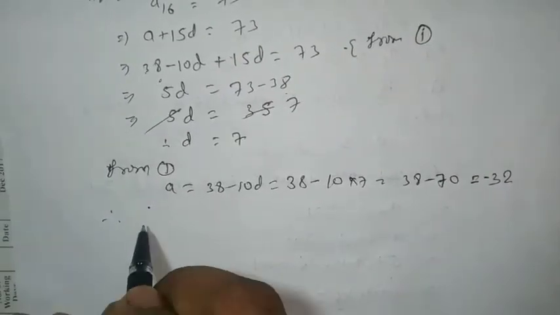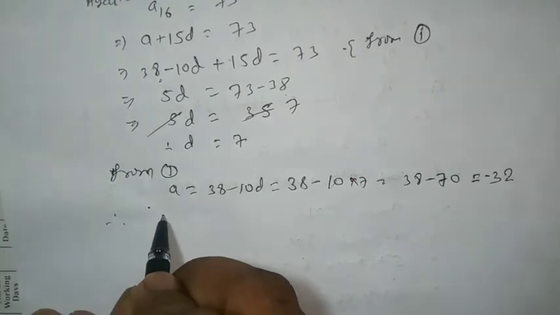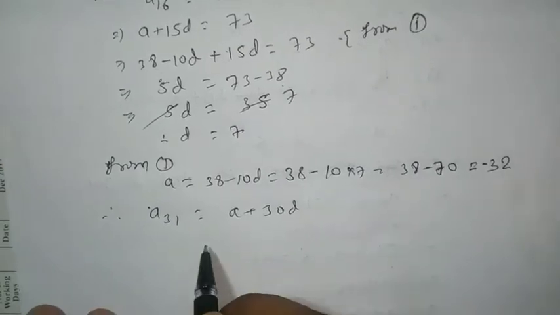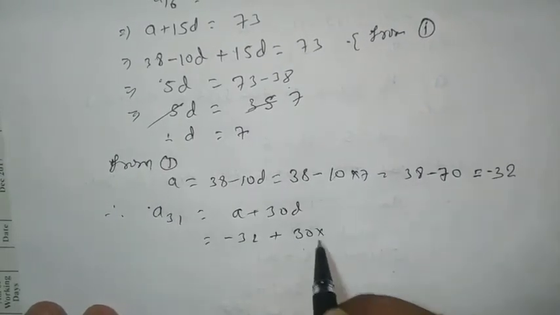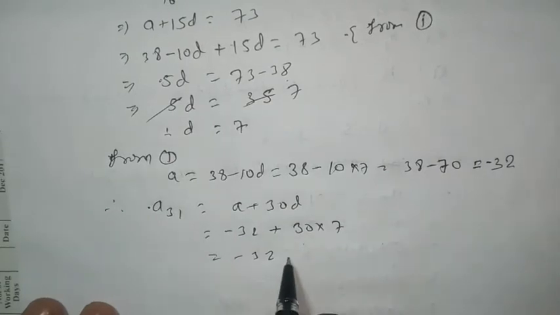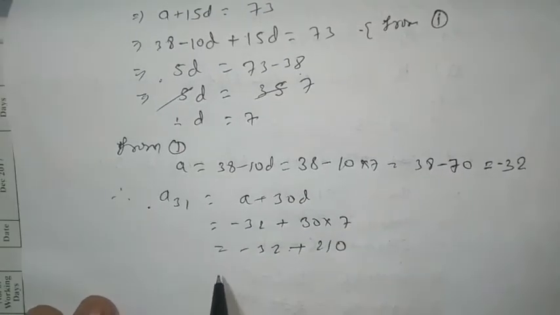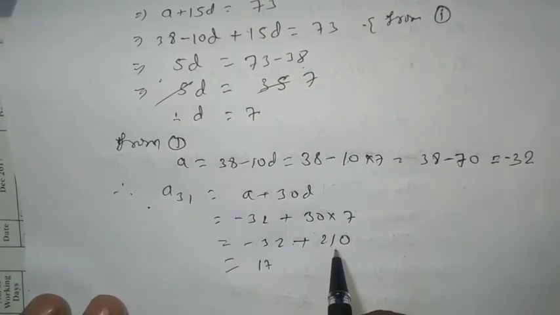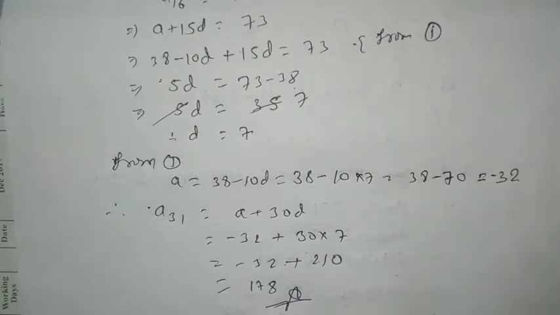Therefore you have to find the 31st term. It means that A31 is equal to A plus 30D, is equal to minus 32 plus 30 into 7, is equal to minus 32 plus 210, is equal to 178. Answer.